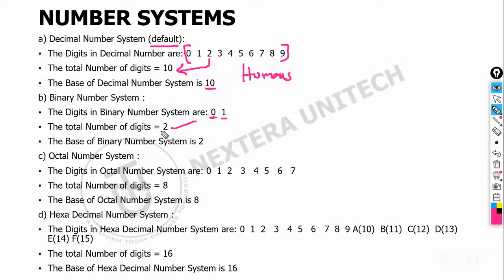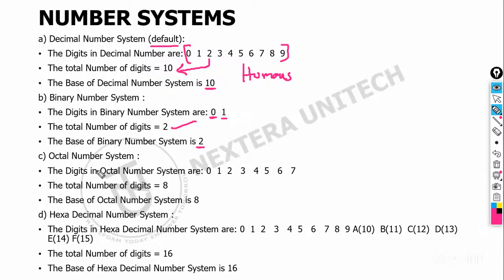Because we have two digits, the base in the binary number system is 10, I mean 2. Whatever I am discussing, I'll be using again as part of conversions. Focus, right?